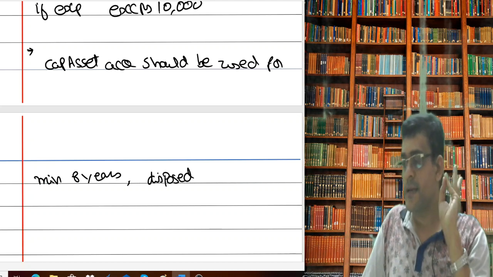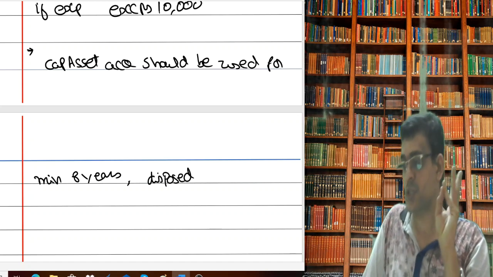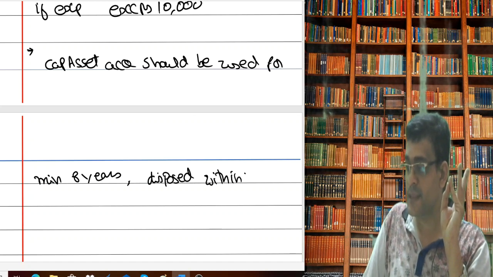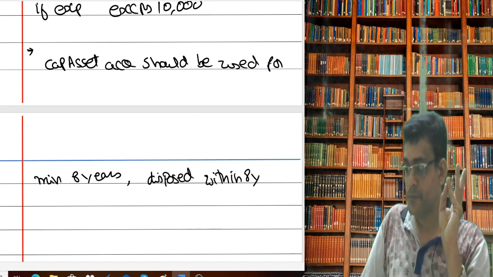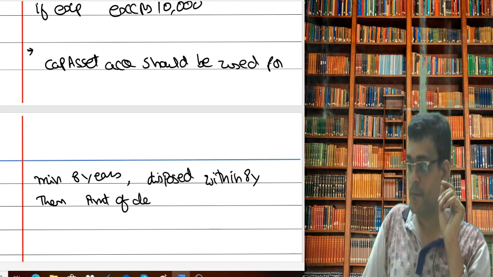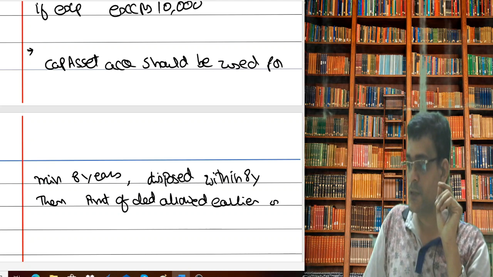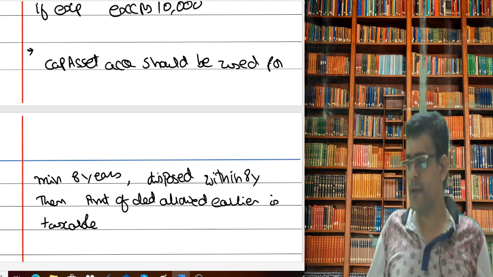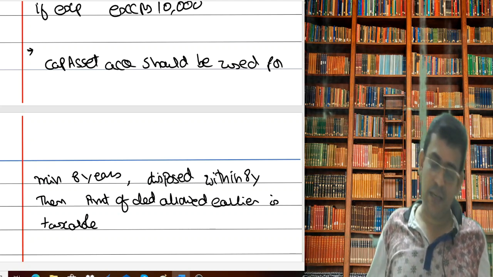So if the asset is disposed within 8 years, the amount of deduction allowed earlier is taxable. That is the other condition you are supposed to satisfy.